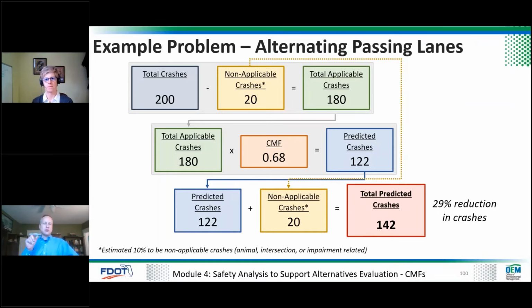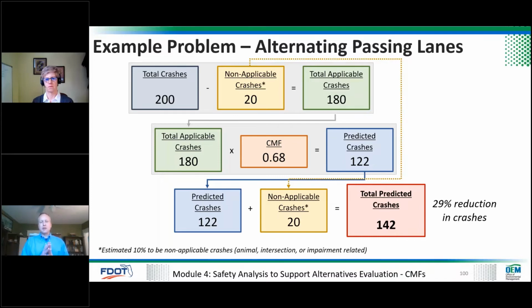So there's two things to look at. In a situation like this, you'd want to look at your historical data and potentially use it to separate out the crashes by type to come up with that 10%.